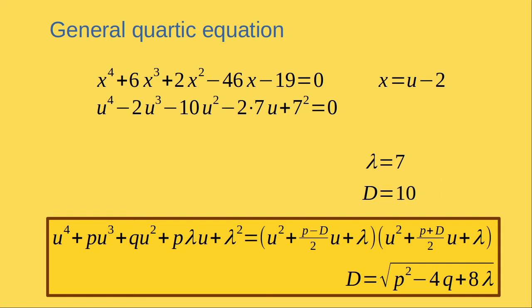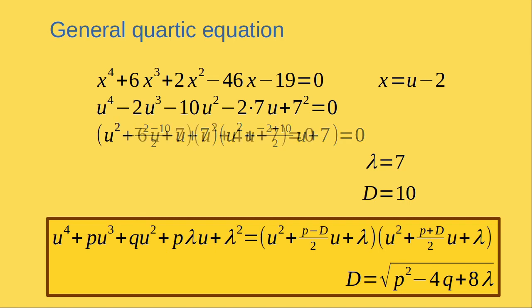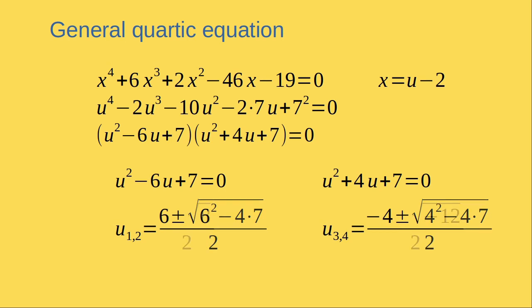So, the equation can be written as u squared minus 6u plus 7 times u squared plus 4u plus 7 equals 0. This yields the two quadratic equations u squared minus 6u plus 7 equals 0 and u squared plus 4u plus 7 equals 0. Solving them using our favorite method, we get the solutions.